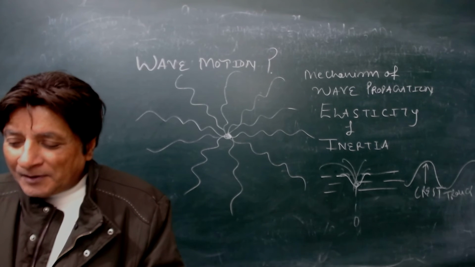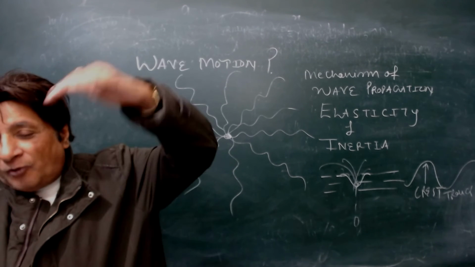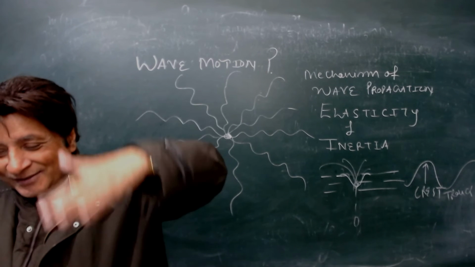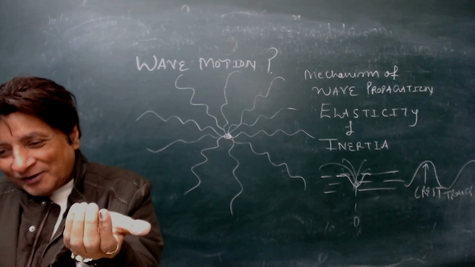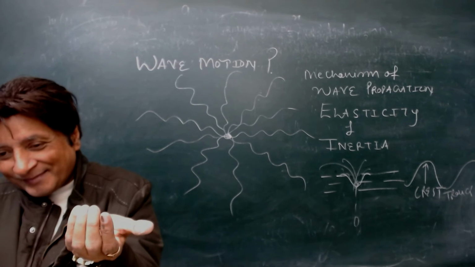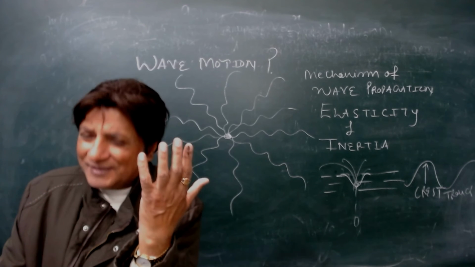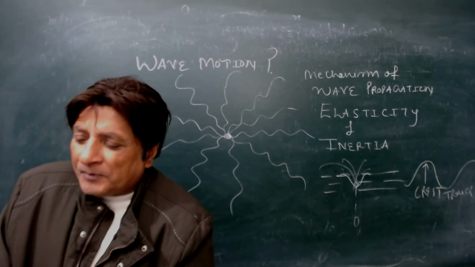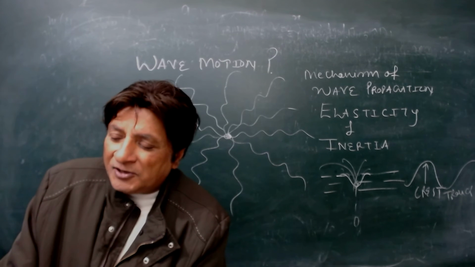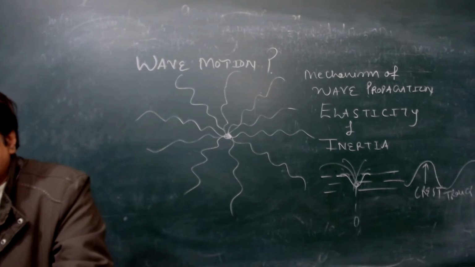Water again opposes it due to the property of elasticity and falls down. So again a cavity is created. Very interesting. Thus the water particles at that place move up and down.